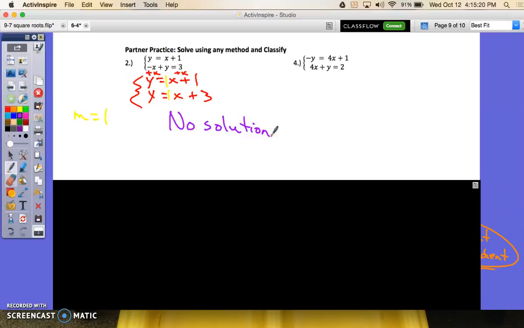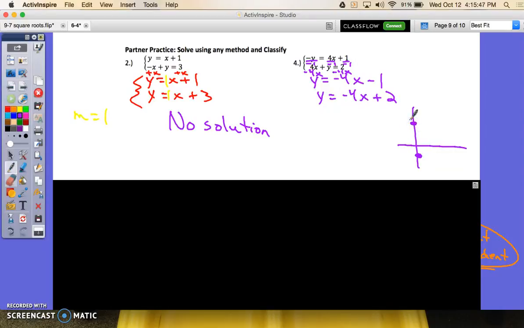Moving over to number 4 here. Maybe divide the top equation by -1, -1, -1, and we get y equals -4x minus 1. The bottom one, let's go ahead and subtract 4x from both sides. Sorry, I'm squeezing it in there, but you get y equals -4x plus 2. Different y-intercepts, which means they cross the y-axis. One crosses at -1, one crosses at +2.